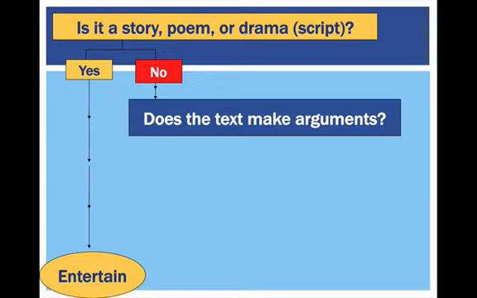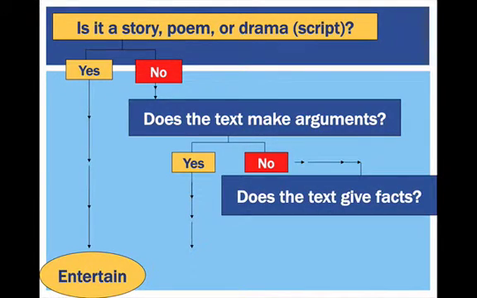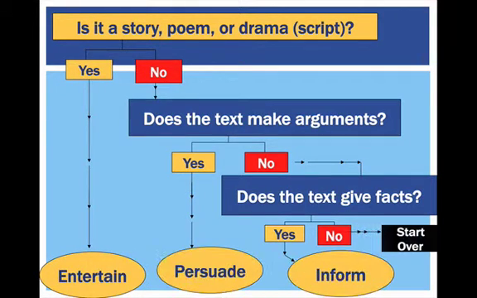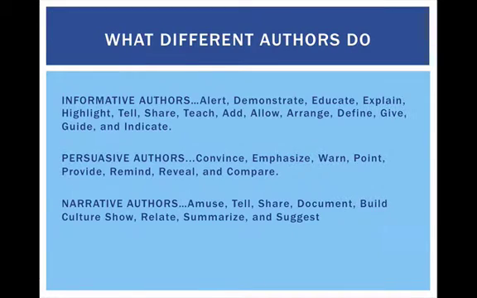If no, ask yourself, does the text make arguments? Yes or no? Does the text give facts? Yes or no? Then it's to inform. If the text does make arguments, it's to persuade.